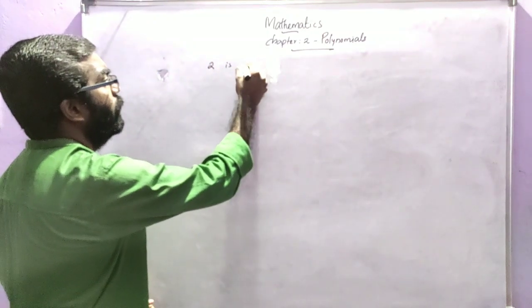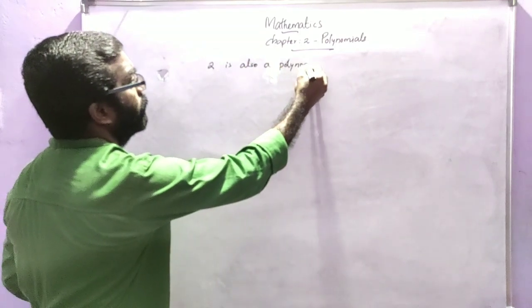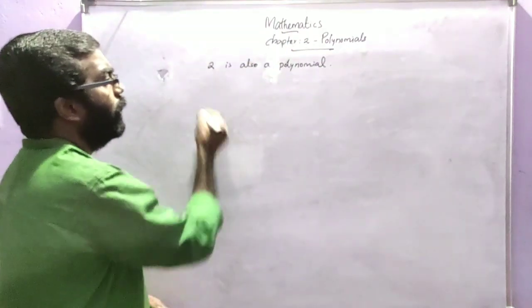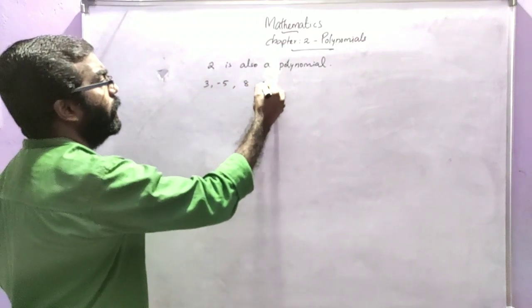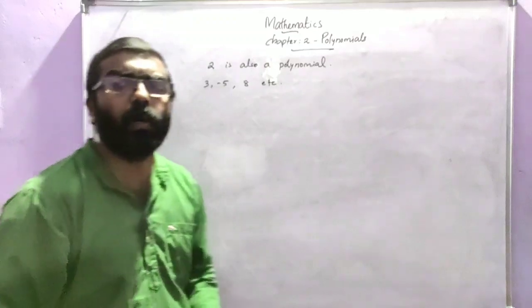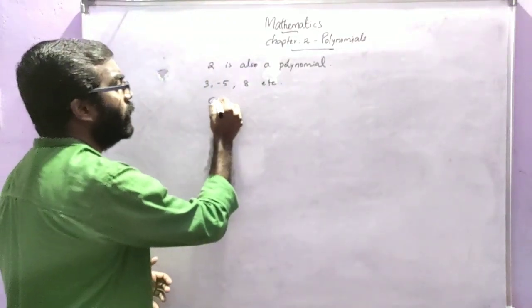2 is also a polynomial, and the numbers 3, minus 5, 8, etc. are also examples of polynomials and they are called constant polynomials.